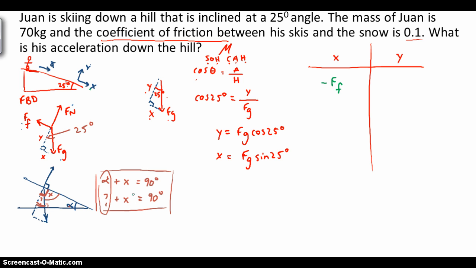So force of friction is back, so it's negative. And it's only in the x direction. Our normal force is only in our positive y direction. So I have 0 in x and Fn in y. And our force of gravity, we found it's got both an x and y part. So we need to figure out which one's negative, which one's positive. So y is down.